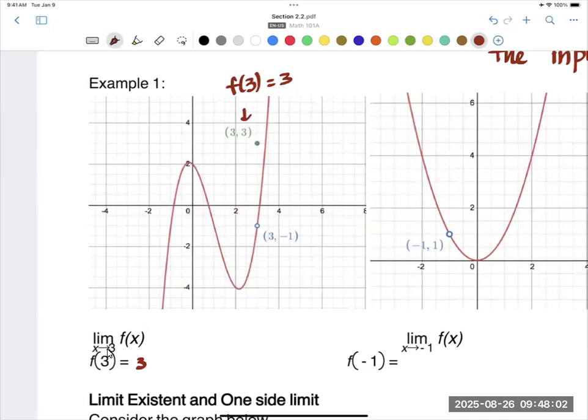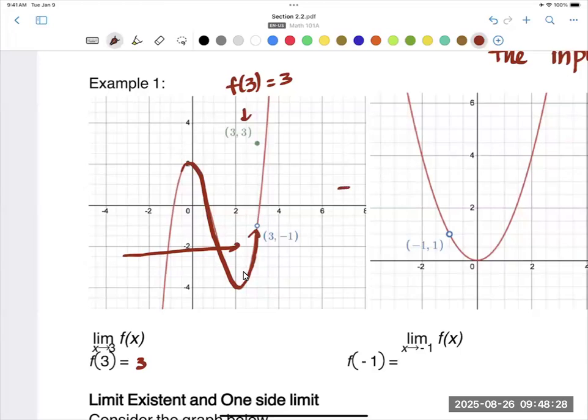We are not talking about the output of the function at x equals 3, but we want to see, when x approaches 3, what the graph is approaching. When x is approaching 3 on the left side, the y value is approaching the hole on the left side of 3.